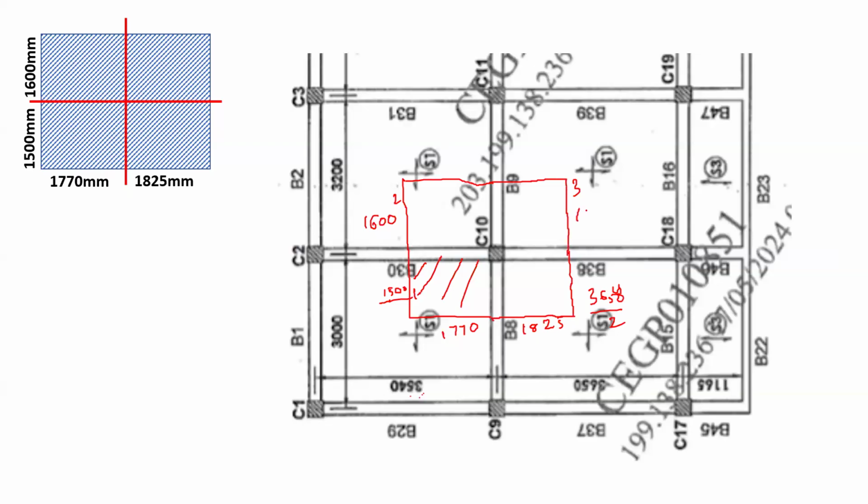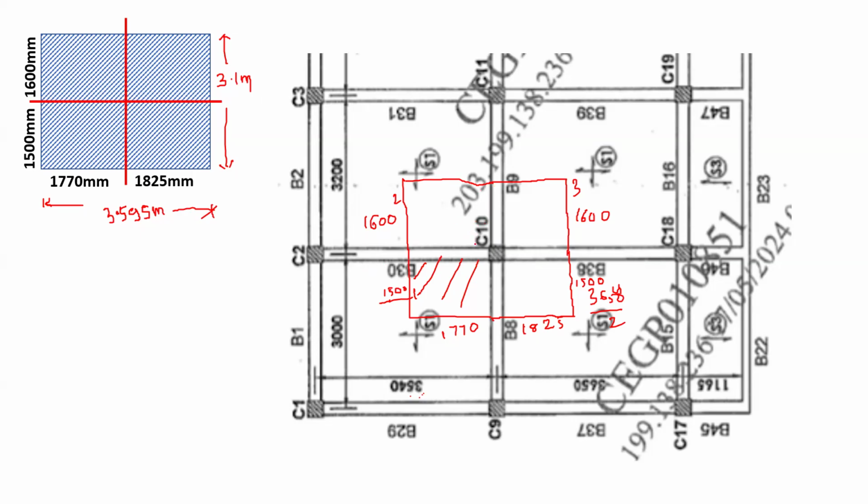So the vertical values are 1600 and 1500. The total distance is equal to 3.1 meters, and the other distance is 3.595 meters. So we have this rectangle having dimensions 3.1 meters and 3.595 meters.